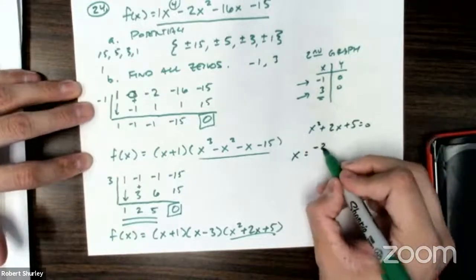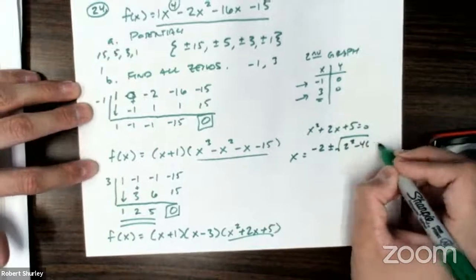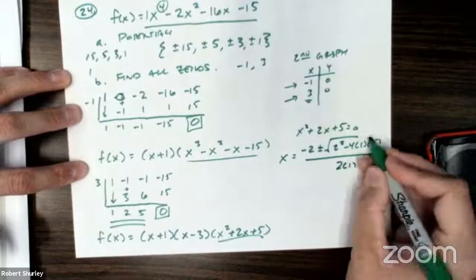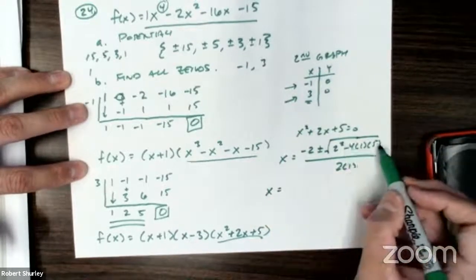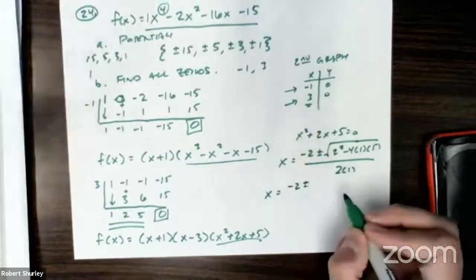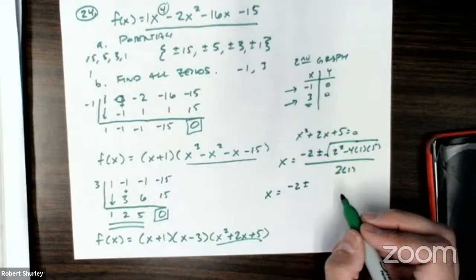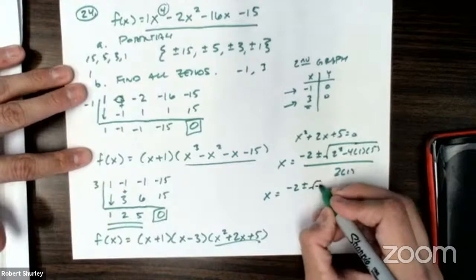X equals negative b plus or minus the square root of b squared minus 4ac, all over 2a. Underneath the radical, we wind up with 4 minus 20. Do you wind up with a negative here? Yeah. You wind up with negative 16.